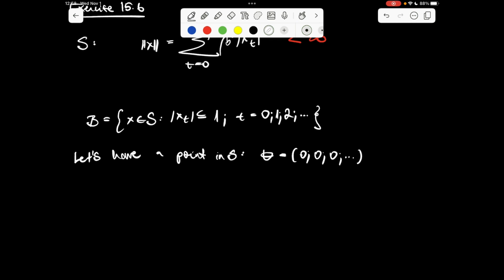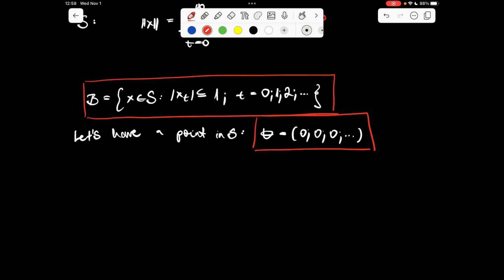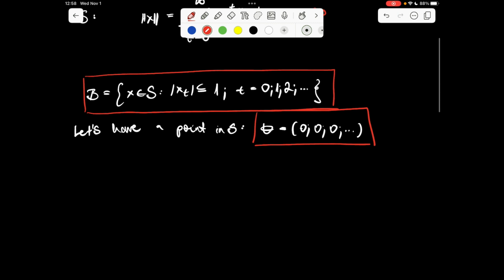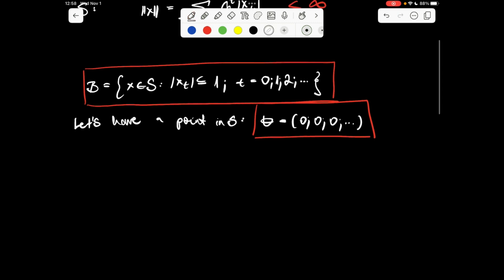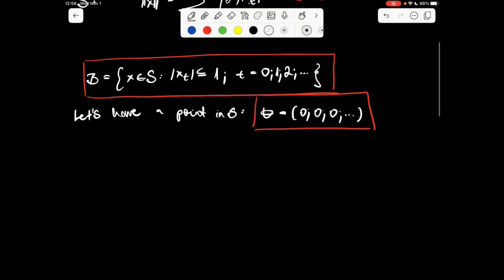So this point lies in the middle of the coordinate system, and it also lies in the middle of this set. Okay, this is the unit ball around the origin, and the point theta is the origin. We want to show that theta is not an interior point of B.